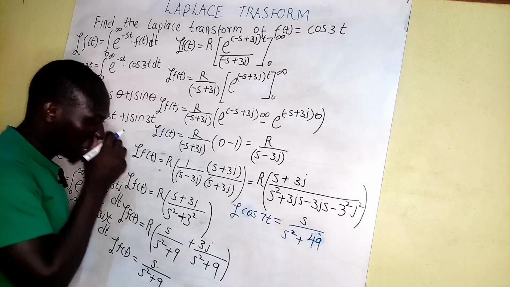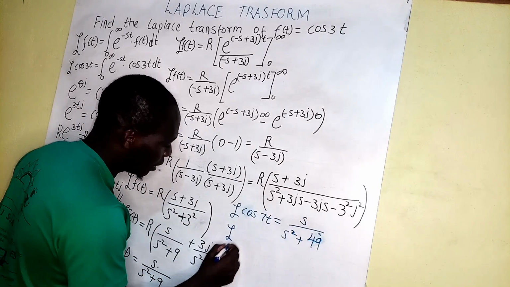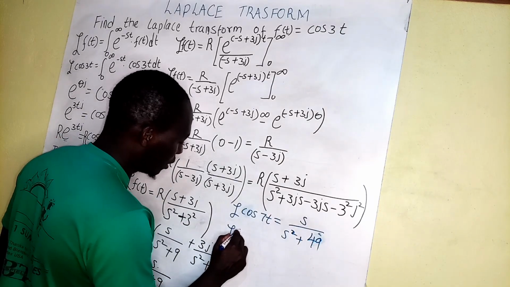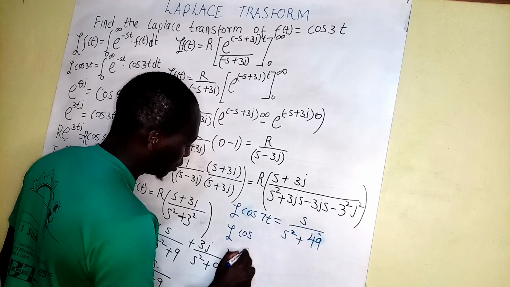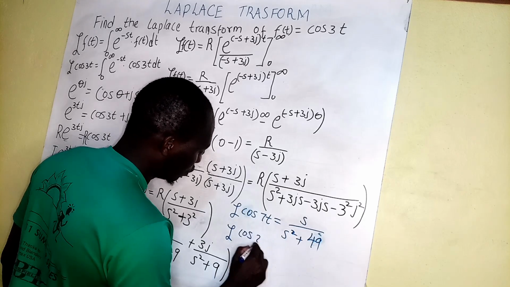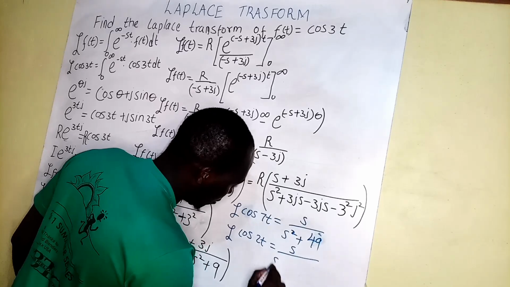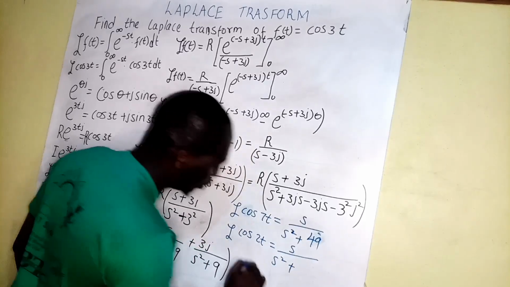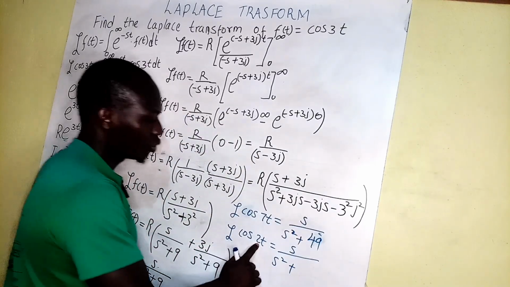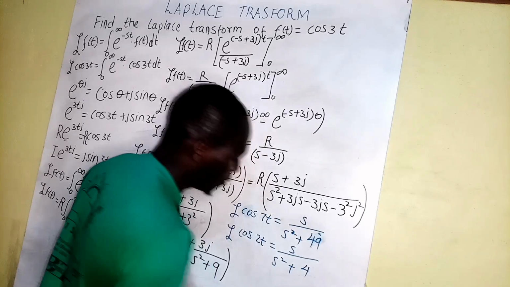You can also be told to find the Laplace transform of, let's say, cos 2t. Here we are going to have s all over s squared plus 2 squared, and we are now going to have 4.